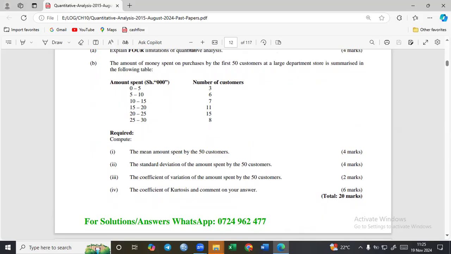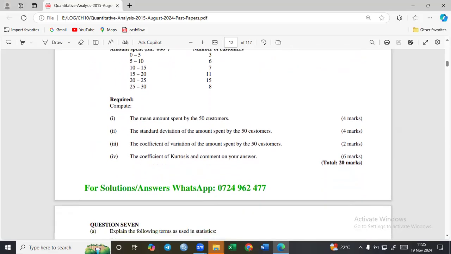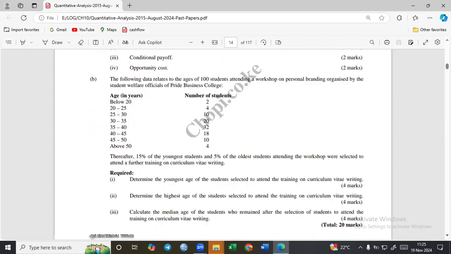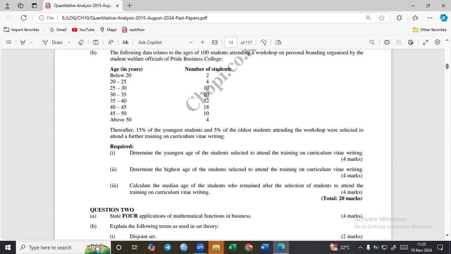Mean. I think we can only do part A, 4 marks. The rest we haven't done, we will do later. So mean is easy. Remember you need to determine the midpoint. Now, can you see that question?